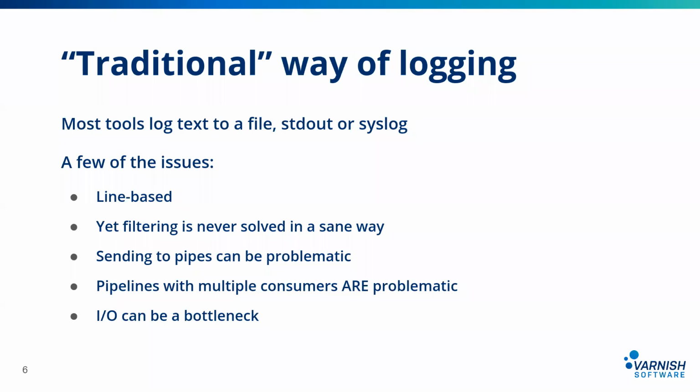And the second very important point is going to be performance and IO bottlenecks. When you don't have a lot of traffic, or you don't have a lot of log lines to spew out, it doesn't really matter. But when you're dealing with millions of requests per second, even if you only have one line per request, that is still an enormous amount of data to write on disk or even on the network.